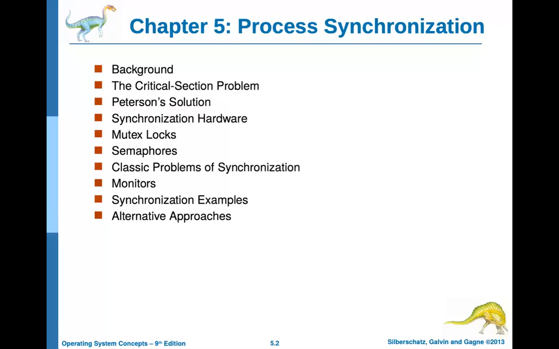What are the expected attributes of a solution? Then we see why hardware is required. Then different types of locks like mutex locks and the solution provided by the operating system in terms of semaphores.